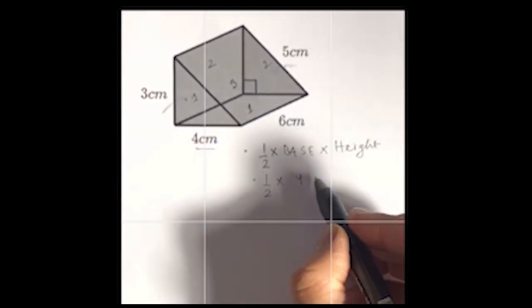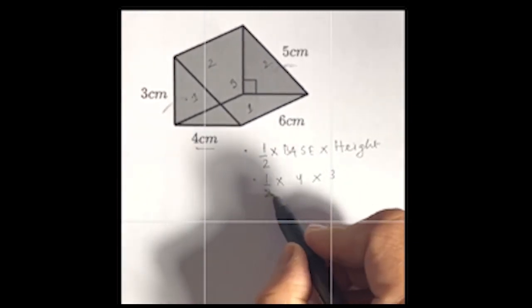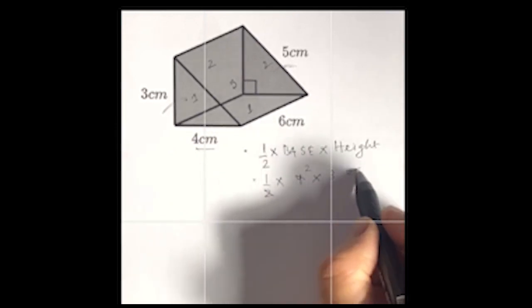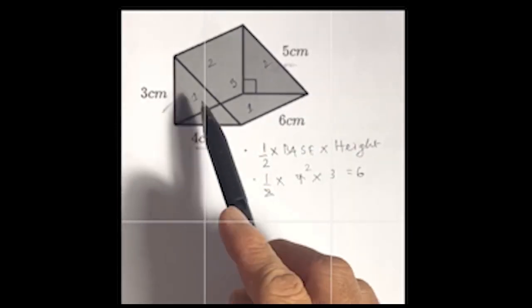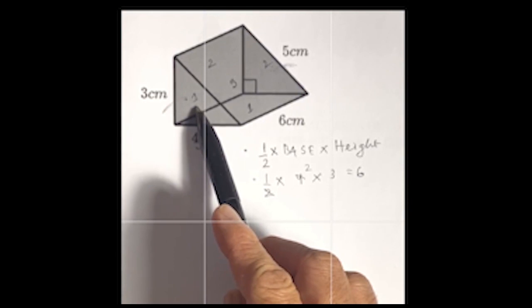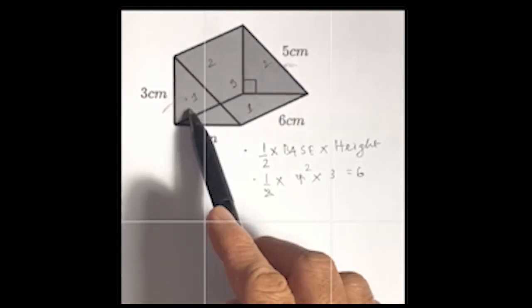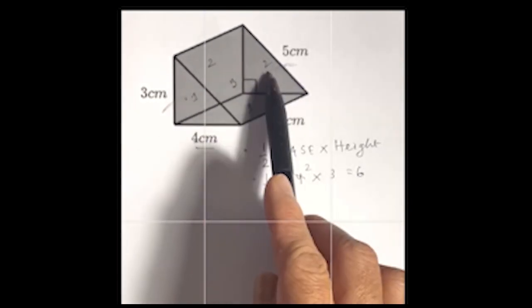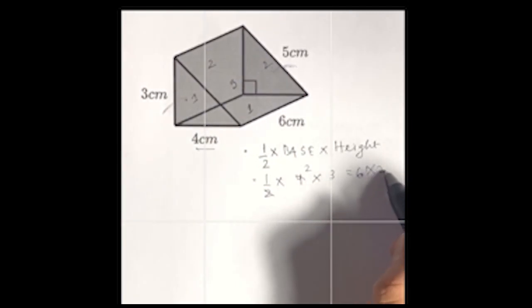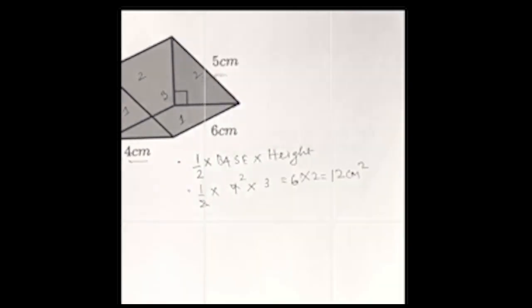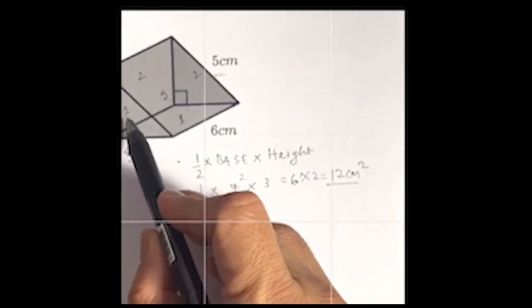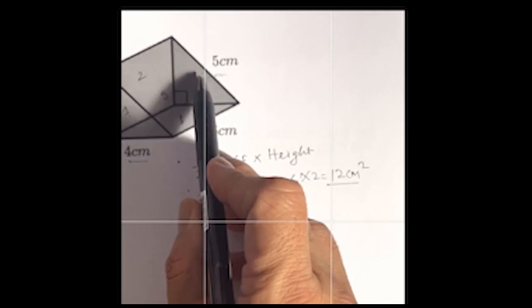This is the base, and the height is 3. So let's cut this one and 6. As I said, this side and this side are the same. These two sides are the same. So I can do 6 into 2, which is 12 centimeter square. Okay, so we found the area of these two sides.